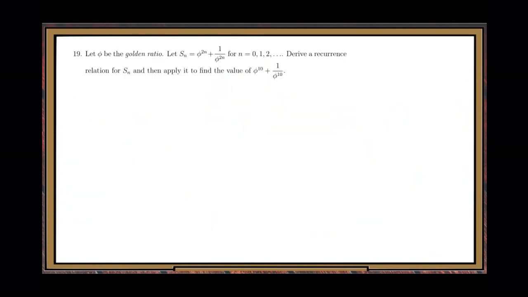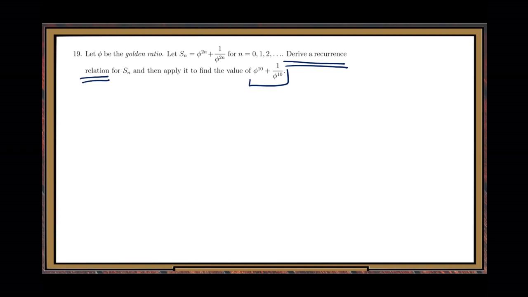Next one, number 19. The main step is how to derive a recurrence relation. That's the key part. After you find that recurrence relation, it's very easy to calculate the value for this expression.